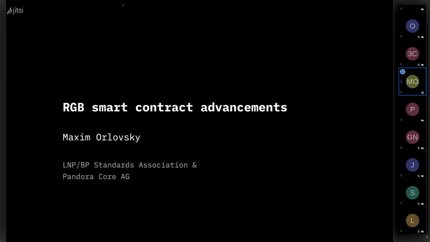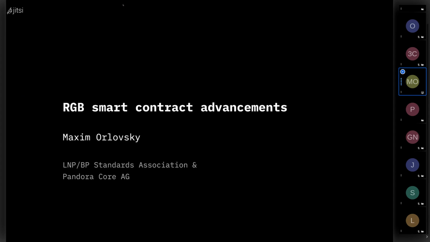Because these development updates are very tightly related to customization of RGB smart contracts, I will use this opportunity to share more information about how RGB client-side validation works today, how it is planned to work with what we call RGB version 1, which is basically a standard implementation of complete RGB functionality, which can't be changed since that point, because with the client-side validation, we don't have soft forks or hard forks. It's just done that way and forever.